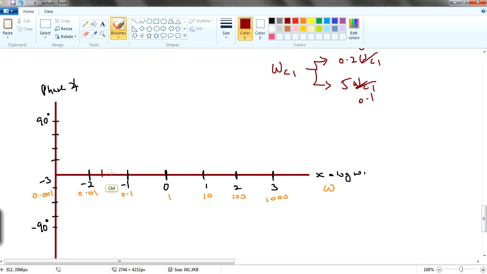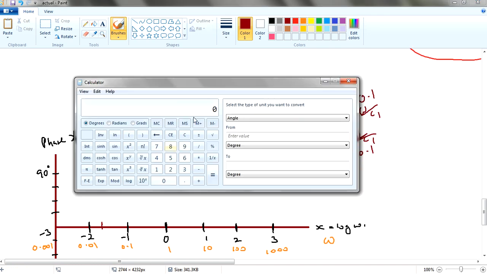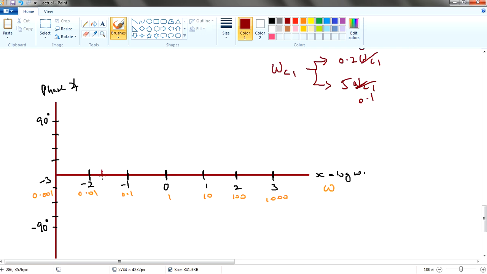My fault. It's 0.1 times 0.2, you have 0.02. If I logarithm it, I should have minus 1.69. So minus 1.69 is somewhere over here.